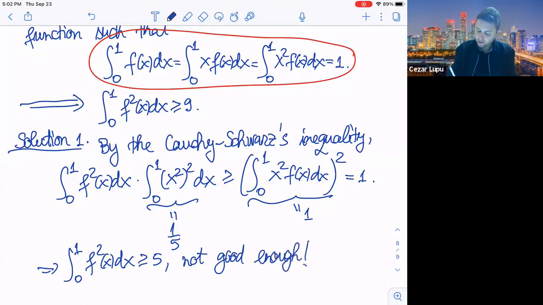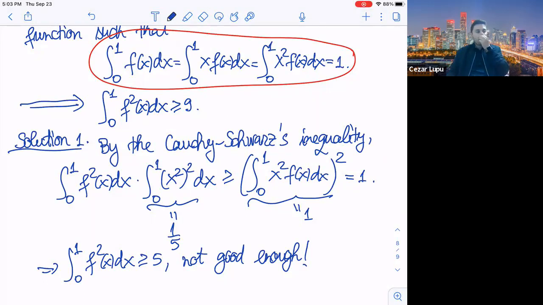Well, you can try with the others, and you'll get 1, or also you'll get 1/3. Again, not good enough. So we kind of have to find a polynomial, that will be the best guess, the best function that we could look for.